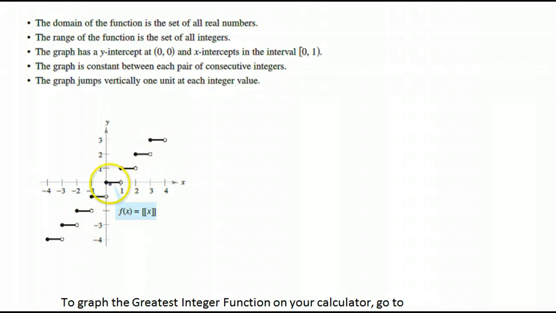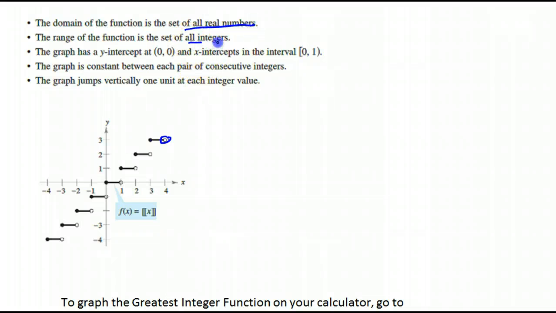All the numbers between 0 and up to but not including 1 round down to 0. As soon as you get to a number that's 1 or greater but less than 2, it rounds down to 1, and so on. Notice you have open circles on the right and closed circles on the left of each step. The domain is all real numbers.